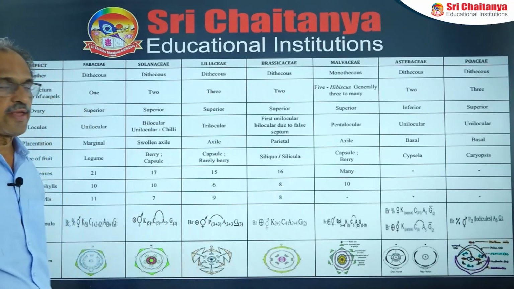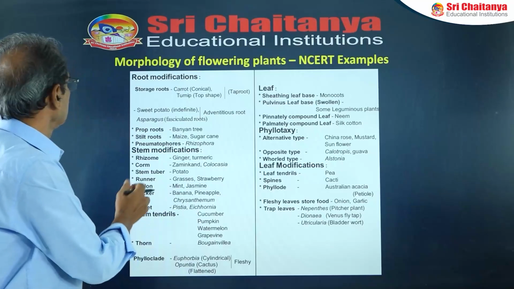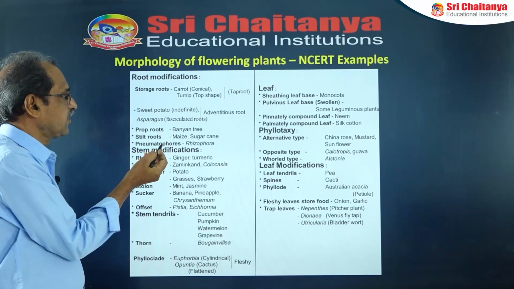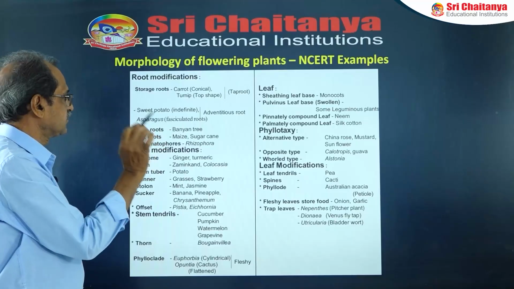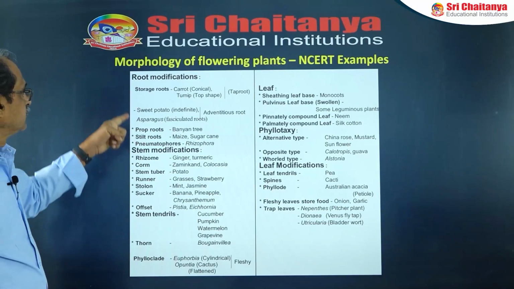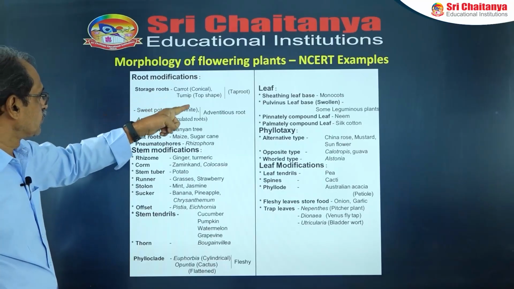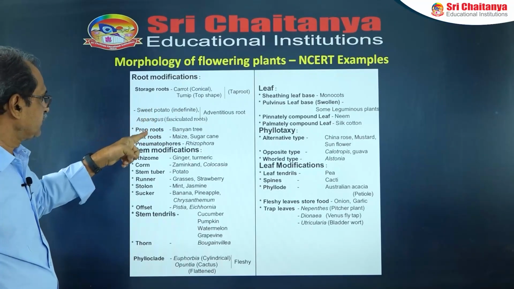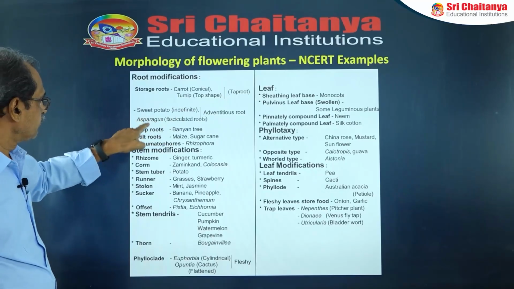So this is regarding taxonomy. And here I gave the list of examples which were already quoted in morphology in the NCERT textbook, only the NCERT textbook. Have a look at a glance, starting from storage roots, that is taproot as well as adventitious roots. Again, I gave the examples and description.